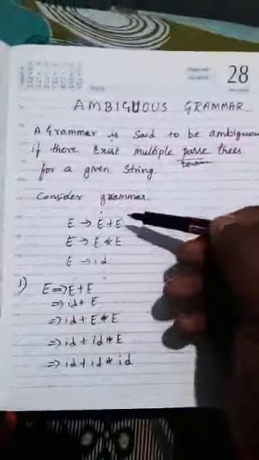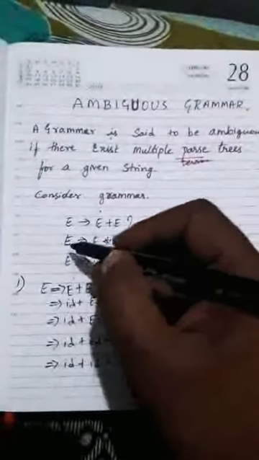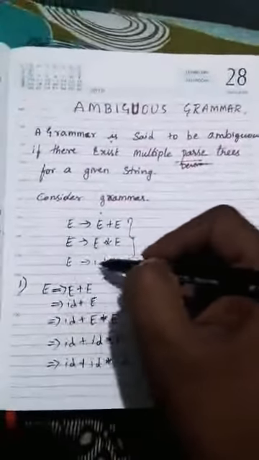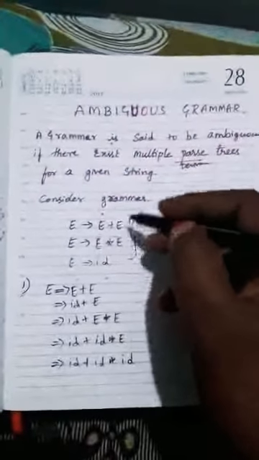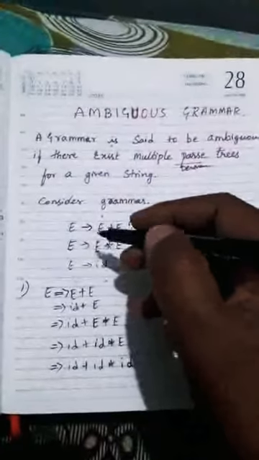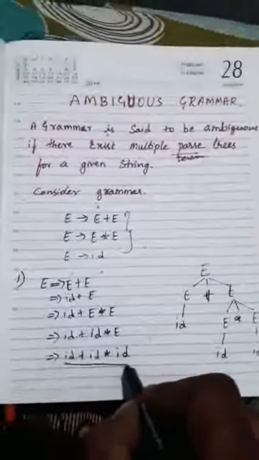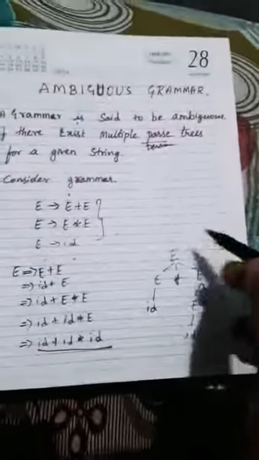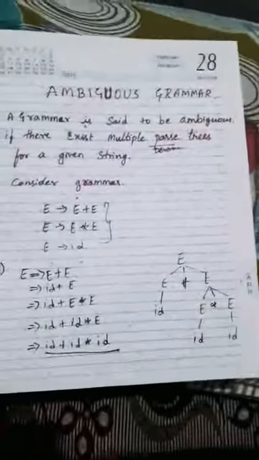Look at this. I have taken a grammar, E tends to E plus E, E tends to E star E, E tends to ID. That is the grammar which is capable of performing sum or multiplication. So the string I am obtaining here is ID plus ID star ID, and the tree we got to know in the last example.